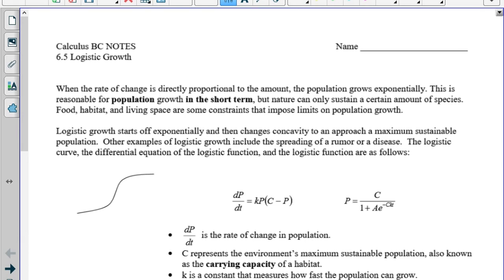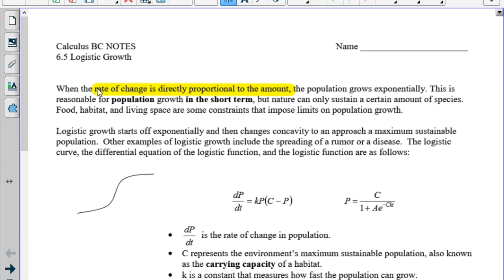So what we learned yesterday was that when the rate of change is directly proportional to the amount of the substance, for example, there were problems where we had the size of a tumor, the rate of change of the tumor was directly proportional to the size of the tumor. We also had some Newton's law of heating and cooling.